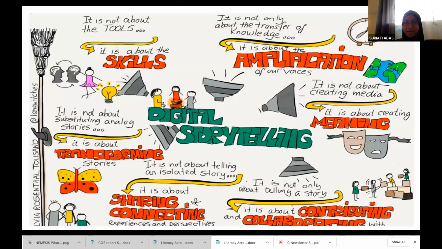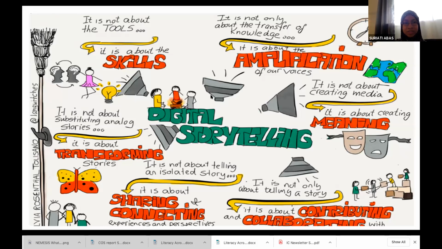When I talk about digital storytelling, it is not about substituting analog stories, but about transforming stories. It is not about sharing stories in isolation, but rather sharing them and making connections with others. I am also not focusing on the tools, but more on crafting the skill of telling a story using multiple modes, which involve the use of text, visual, audio, and video.